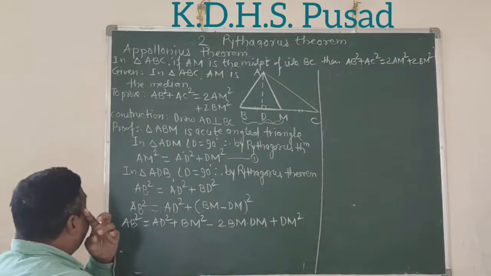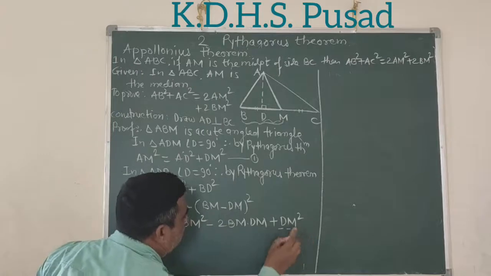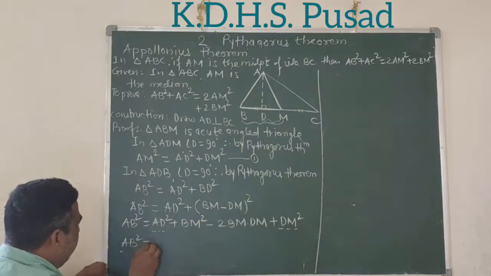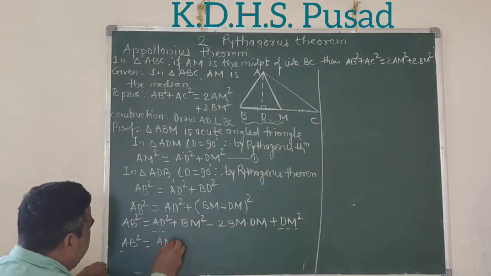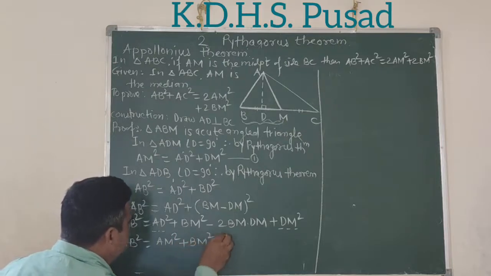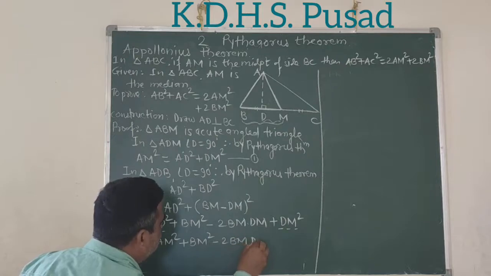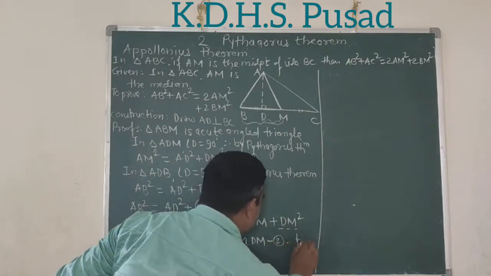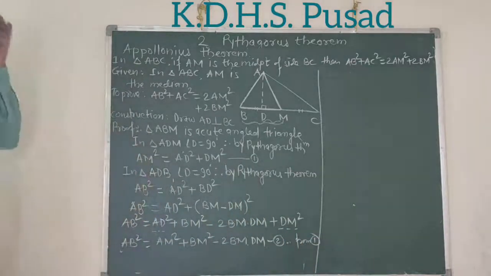Now check equation 1: AD square plus DM square is AM square. Using equation 1 you get AB square equal to AM square plus BM square minus 2BM into DM. This is equation 2, from 1.